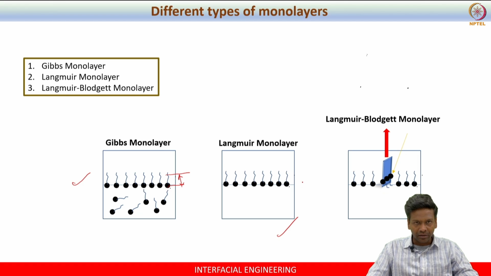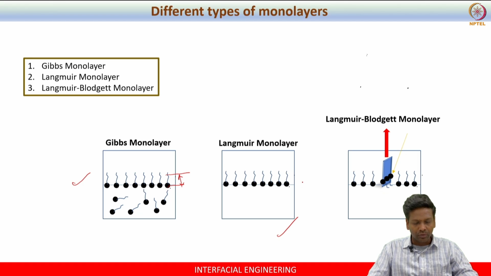You spread these molecules nicely at the interface using a micro syringe, and a known volume of a solution of known concentration is spread from the top, close to the interface. As soon as you spread these molecules, the chloroform evaporates, leaving behind the surfactant at the interface.